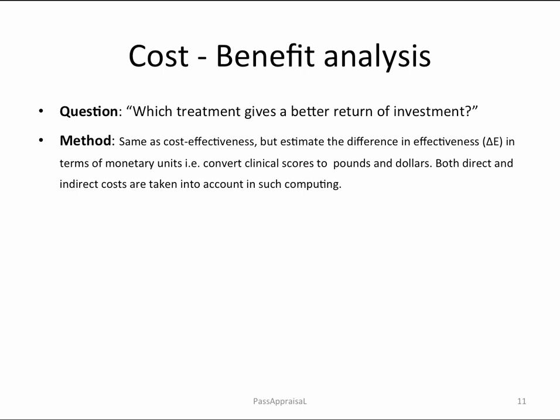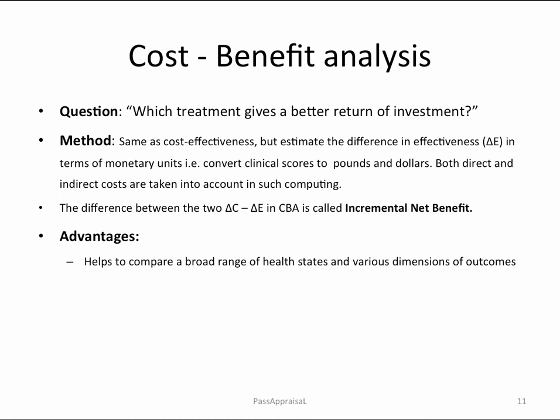Both direct and indirect costs are taken into account when you do such computations. When you do a cost-benefit analysis, you present the final result using the difference between delta C and delta E. This difference is called incremental net benefit. So instead of using ICER, in a cost-benefit analysis, you would use INB, incremental net benefit.